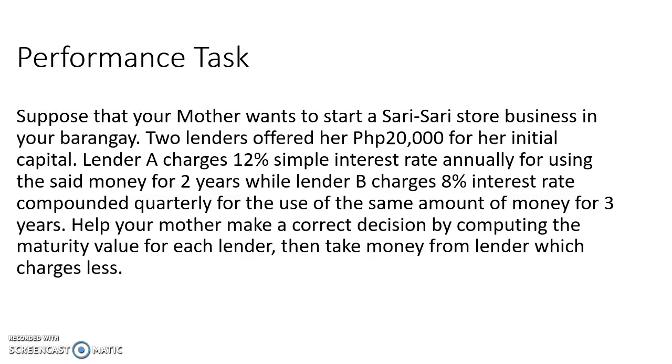Lender A charges 12% simple interest rate annually for using the said money for 2 years, while lender B charges 8% interest rate compounded quarterly for the use of the same amount of money for 3 years. Help your mother make a correct decision by computing the maturity value for each lender. Then take money from the lender which charges less.